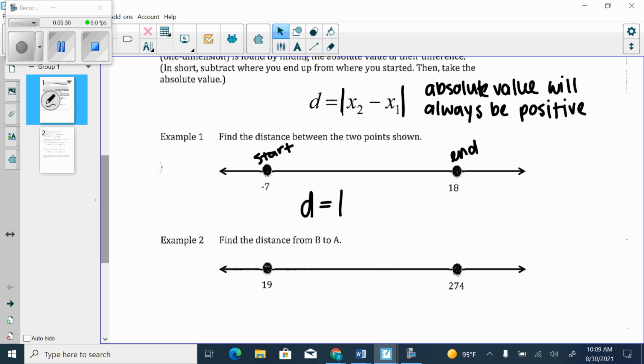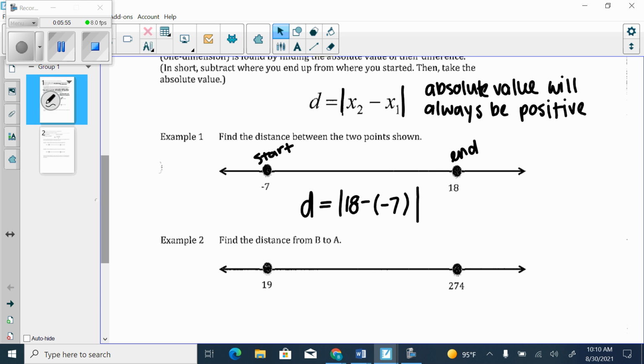End. So in this case, my end point is 18. And then the formula says we need to subtract. And then we put our start point. What's my start point? -7. That's all in the absolute values, right?